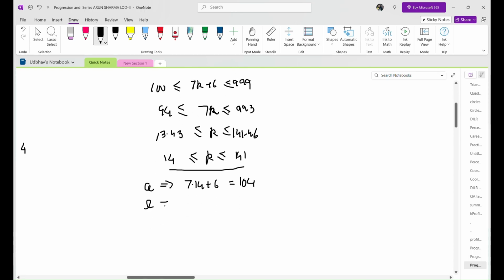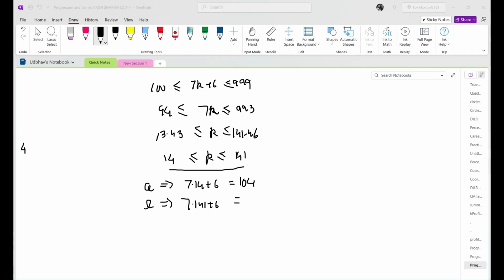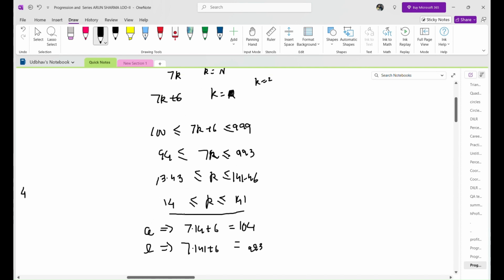What will be the last term? At k equals 141, 7 into 141 plus 6 equals 993.